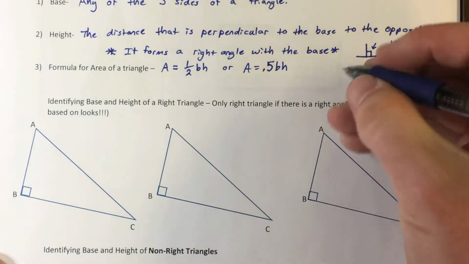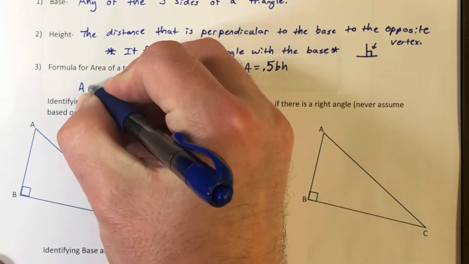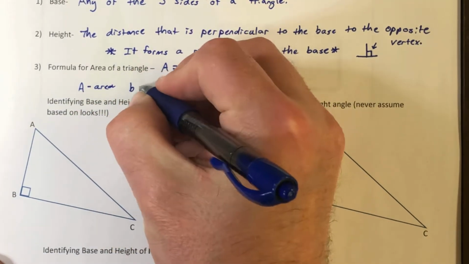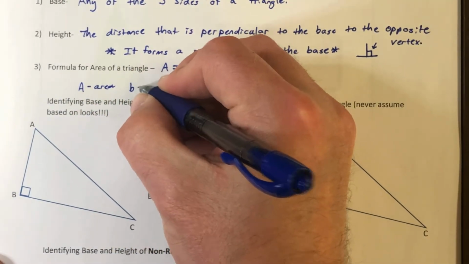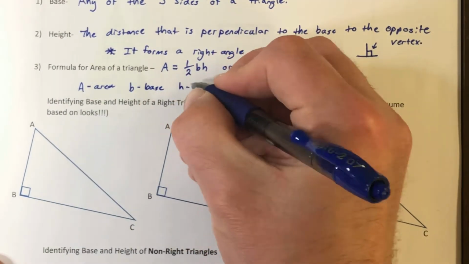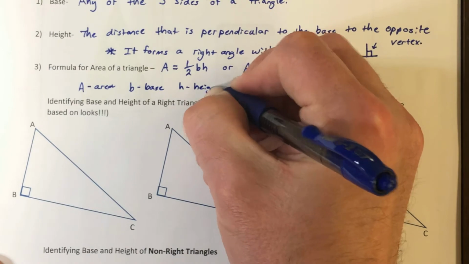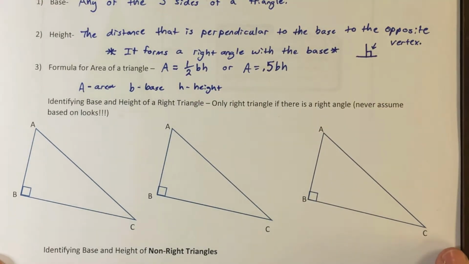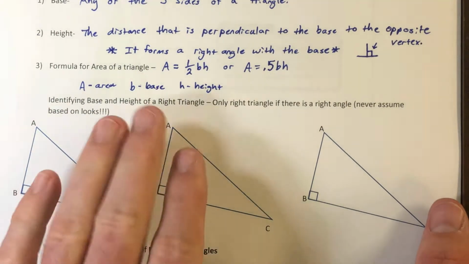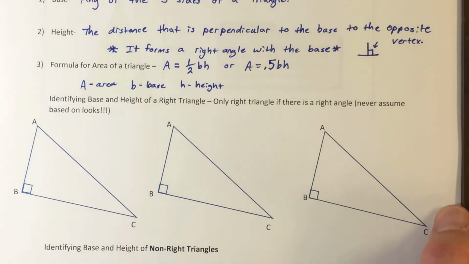What does this stand for? Well, first, A stands for area. The B, little b, stands for base of a triangle. And little h stands for height. Make sure you keep the capitalization like that, because when we get into volume, we're going to have capital B. It stands for something else.